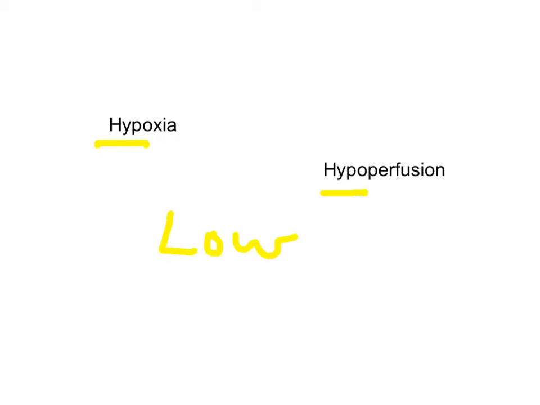It would mean you had to rely only on anaerobic metabolism, that you wouldn't have any of that oxygen in order to produce sufficient quantities of energy very efficiently. And so in a situation where you have hypoxia, you're going to have anaerobic metabolism only. You're not able to add that aerobic metabolism on top of it.